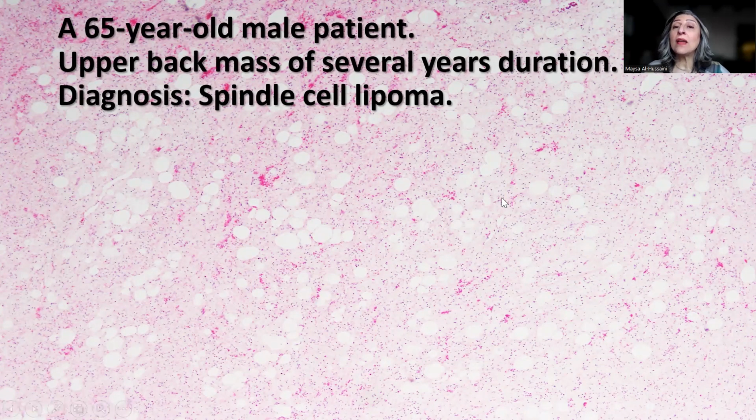Now, I have in the caption a link to an open access article that describes a large number of spindle cell lipoma. I think they were 25 cases, showing the variation in the morphological spectrum that you might encounter in spindle cell lipoma.